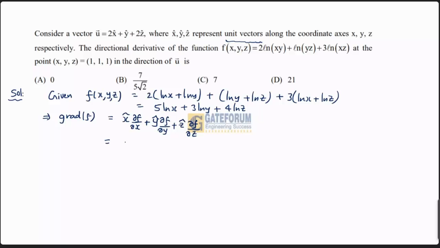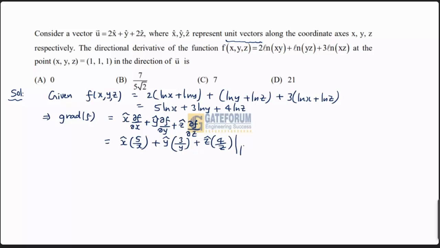So this is equal to x cap into the partial derivative with respect to x; y and z are constants, so they become 0. 5 log x derivative is 5 by x, since the log x derivative with respect to x is 1 by x. Plus y cap into dou f by dou y: with respect to y, the partial derivatives of log x and log z are constants, 0. So 3 log y derivative is 3 by y. Plus z cap into the partial derivative with respect to z: log x and log y are constants, so the derivative is 0, and the log z derivative is 1 by z. So this is 4 by z.